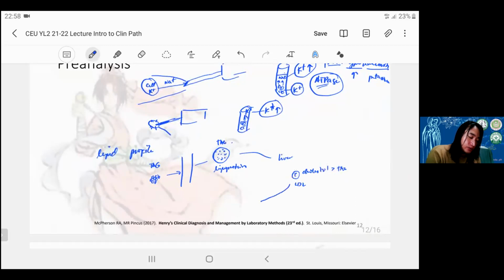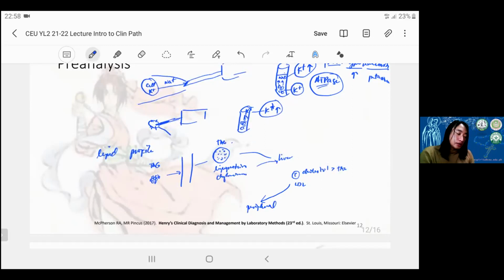And this will be delivered to the peripheral tissues. And there is a certain amount of time that these chylomicrons would be transported to the liver for metabolism.